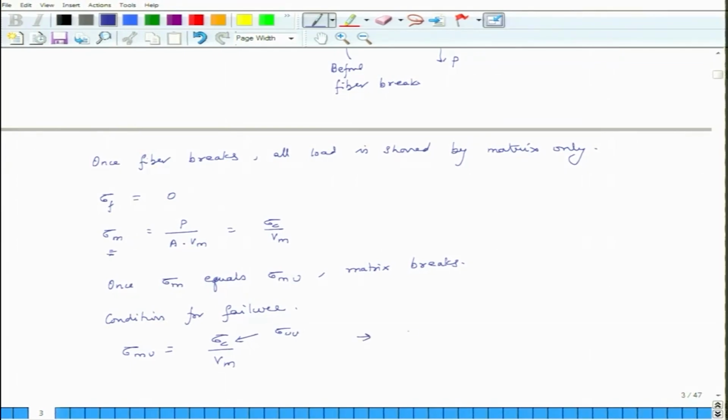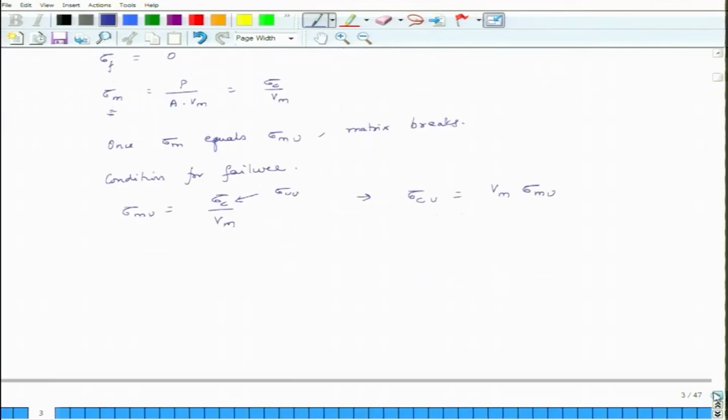So, I can write sigma Cu equals Vm times sigma mu, and I know that Vm is 1 minus Vf. So, what is the strength of the composite for case A?